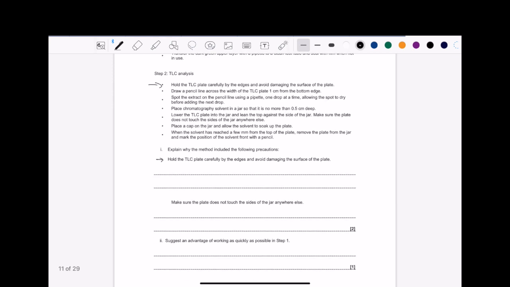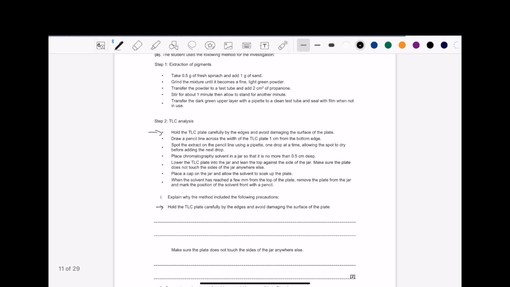Next point is make sure the plate does not touch the sides of the jar anywhere else. Here is very easy. To be honest, you don't even need to read this method, but in general, I would say read the method. But because TLC is such a neat and logical practical, it's really not necessary.